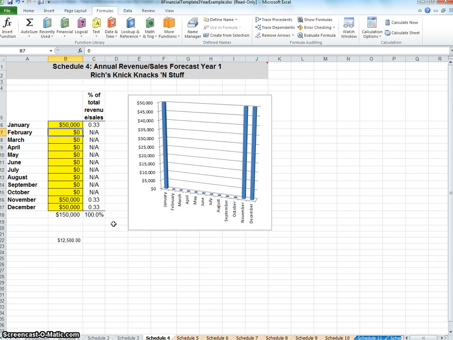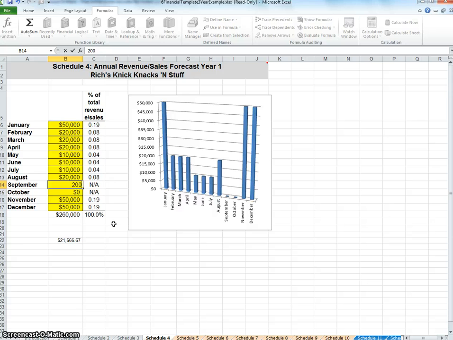And let's just say we slow down during the summer. We start picking up steam. So I'm basically doing some seasonality into this business. You might have seasonality based on the nature of your small businesses.